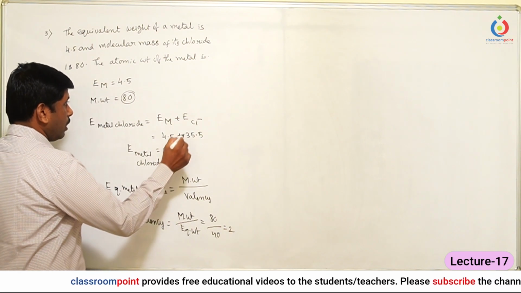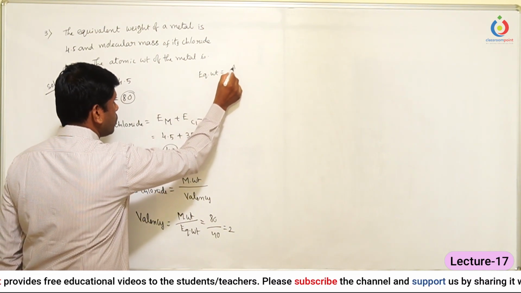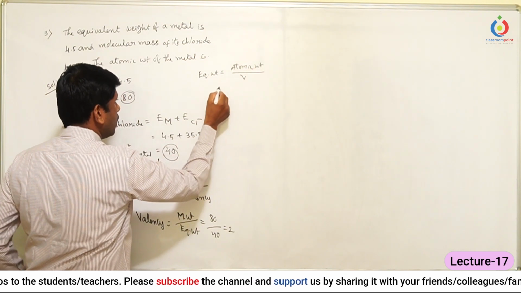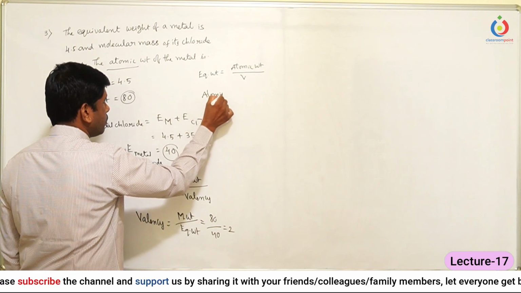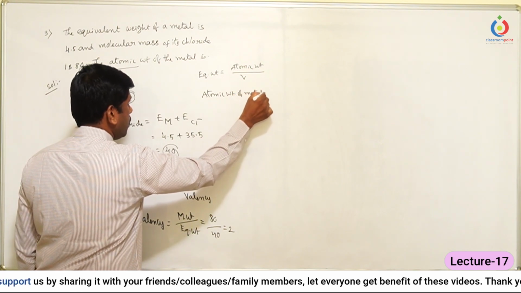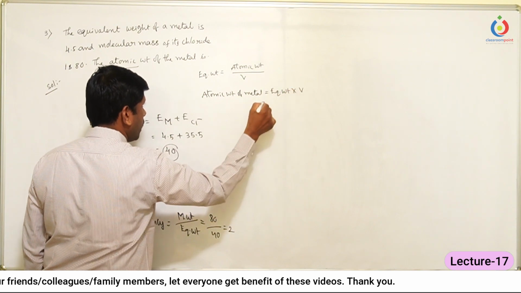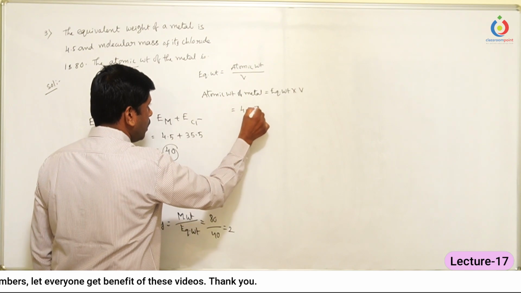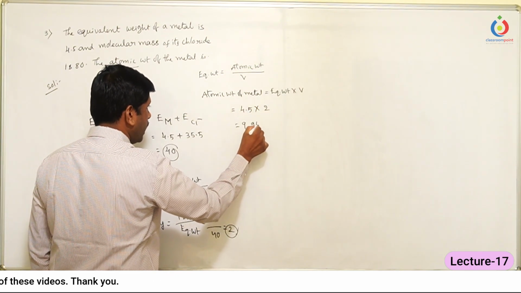So here is another formula: equivalent weight is equal to atomic weight divided by valency. They ask us to calculate the atomic weight. So atomic weight of the metal is equal to equivalent weight into valency or n factor. Equivalent mass is 4.5, whereas valency is equal to 2, so that value equals 9 grams per mole.